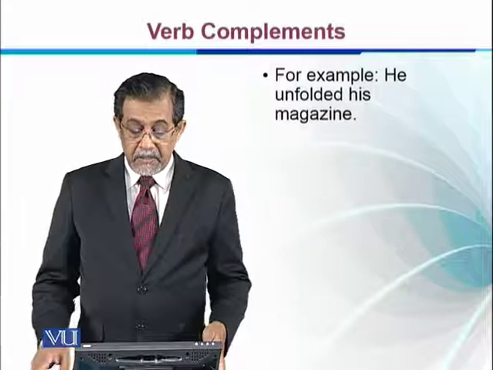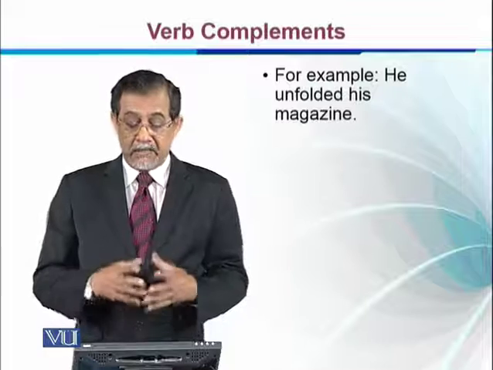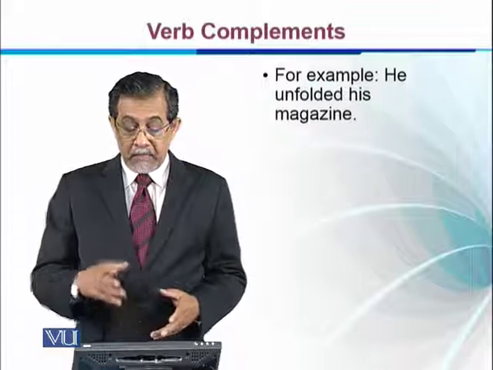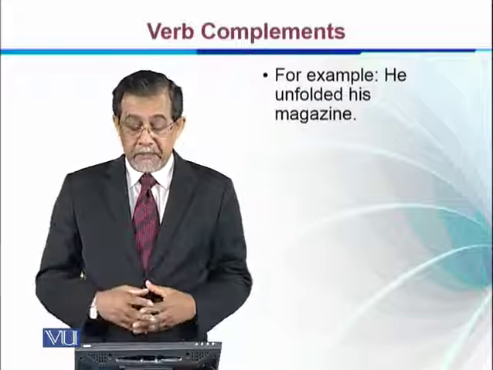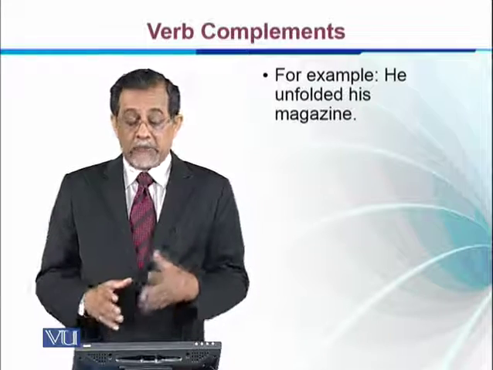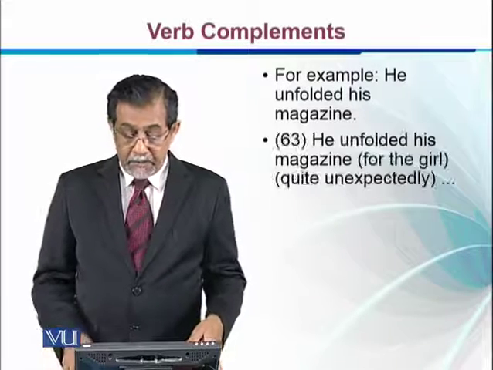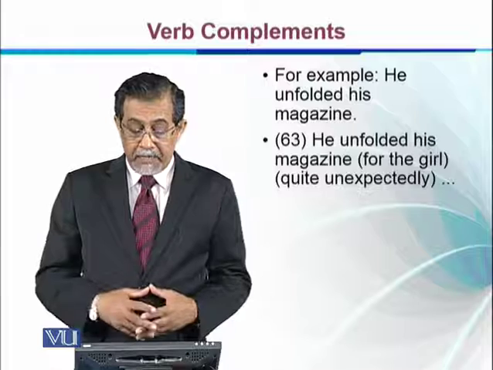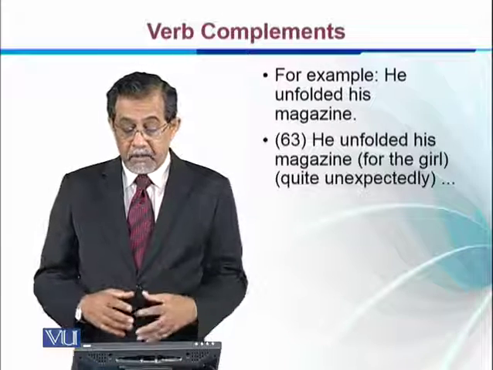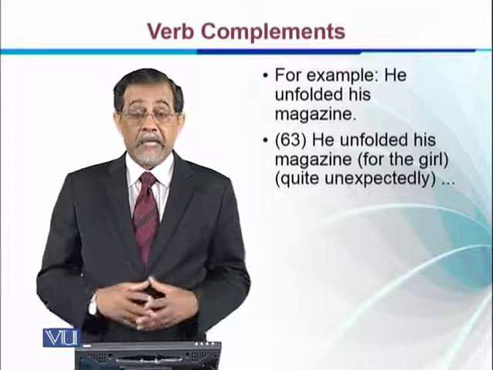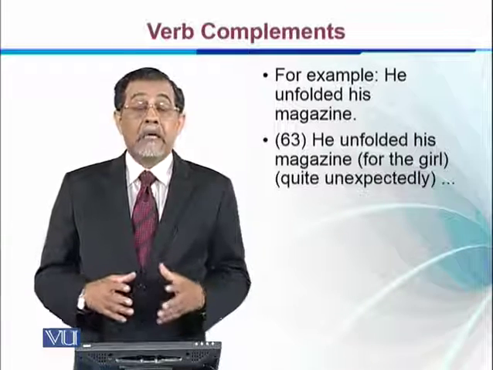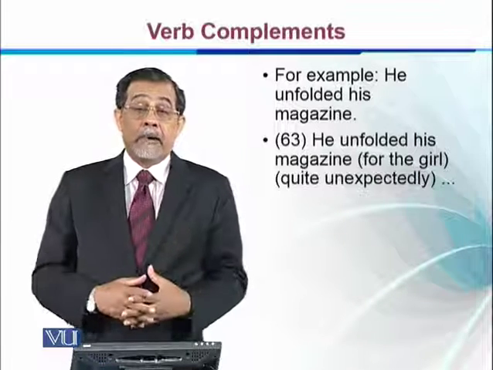For example, he unfolded his magazine. If we look at this sentence, we find that it has the verb phrase unfolded his magazine. His magazine is the complement, an obligatory complement. However, he unfolded his magazine for the girl quite unexpectedly. The two phrases in the round brackets are not obligatory, right?